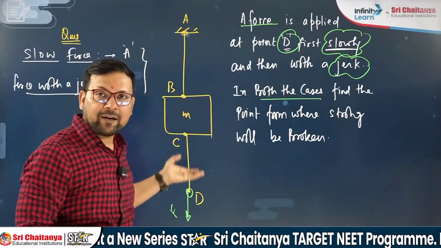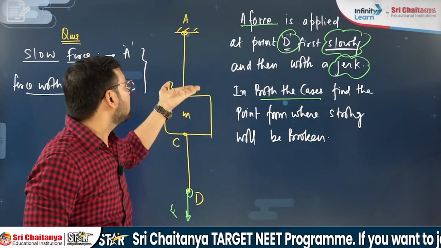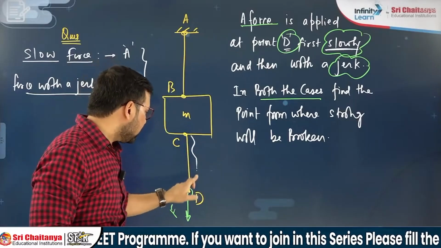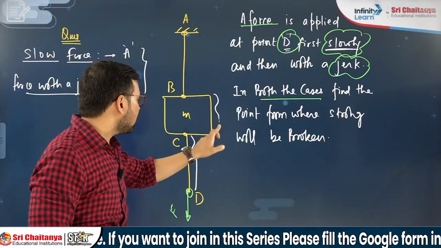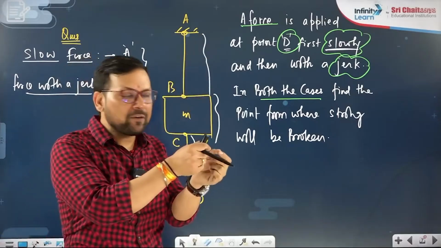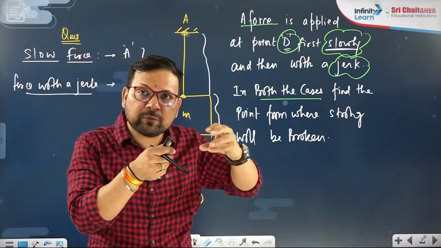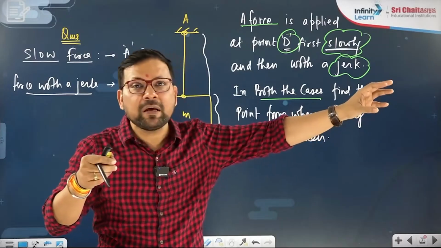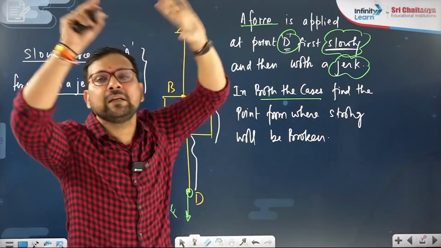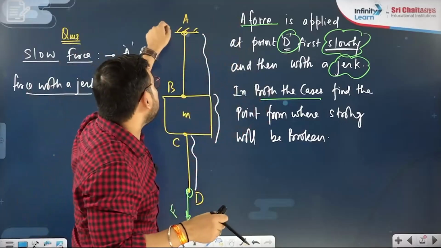M has all the time to take the force and then the force will go to A. Means inertia will change for CD, for M, and for AB. Because I am applying force very slowly, the force will be transferred to the entire system and up to A. Of course, after that is the ceiling, that is a massive body. So from A it will break.